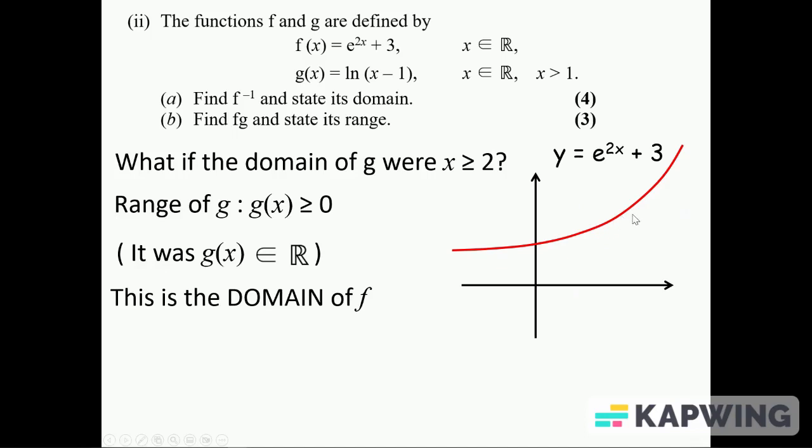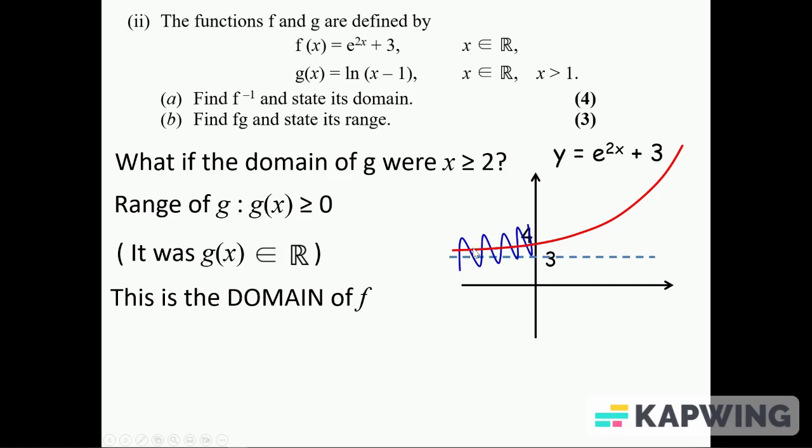And if I draw the graph of f, we've got a range of greater than or equal to 0. Now, originally we had the whole of the graph, all the real numbers, asymptote at 3, hit the y-axis at 4. So the range of fg originally was greater than 3.